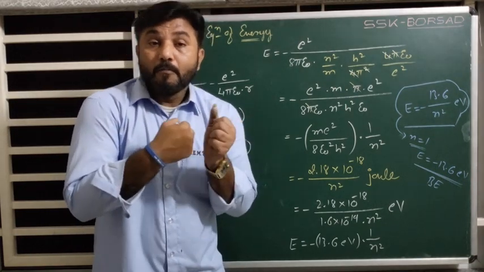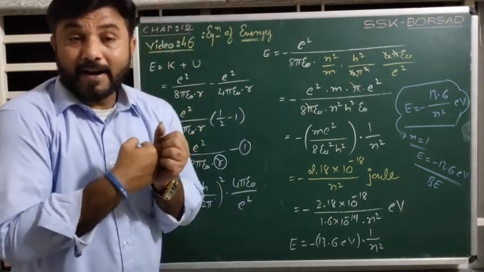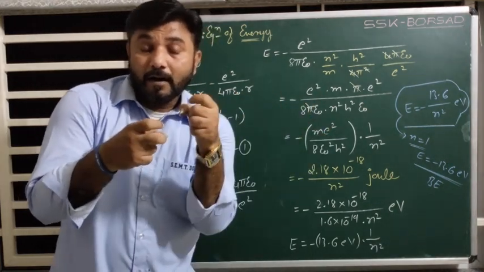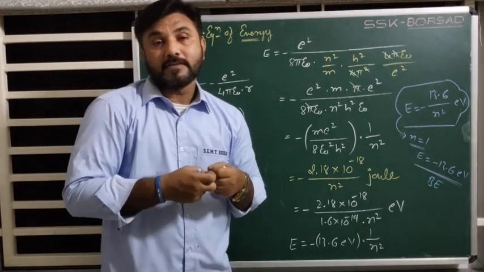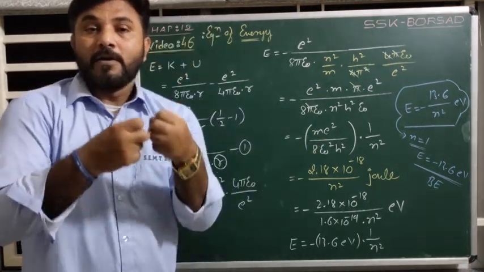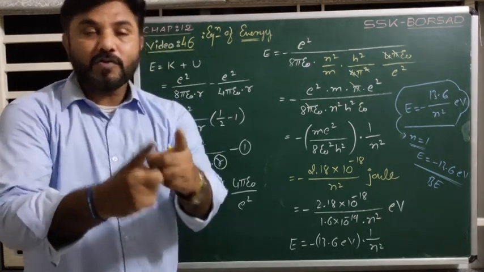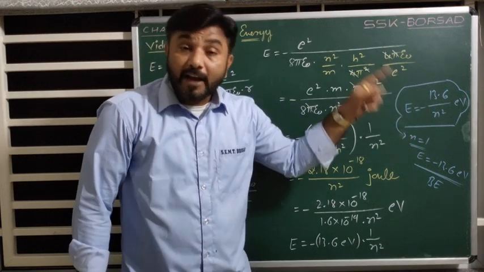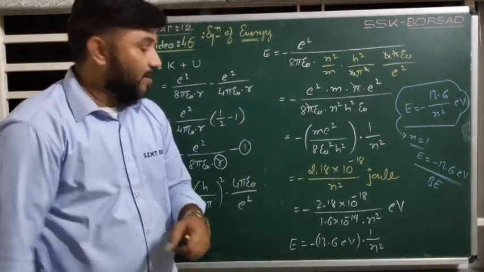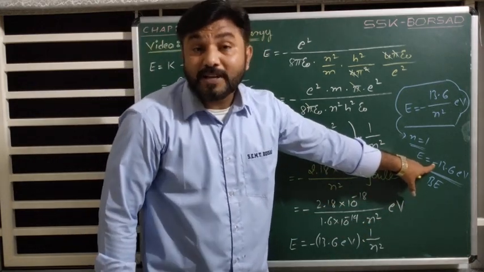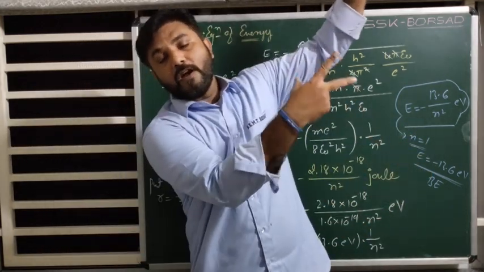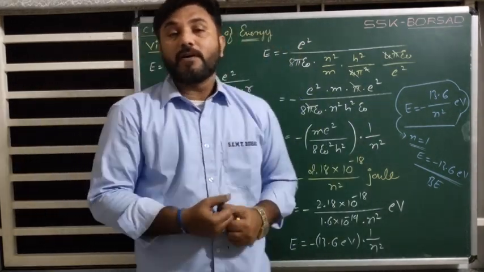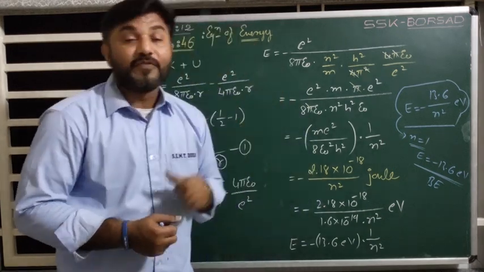Binding means bound: the electron is bound to the nucleus, and because of that there is a negative sign. It means if you give energy with a positive sign, then the electron will go out of that atom, removed from the orbit to infinite distance.